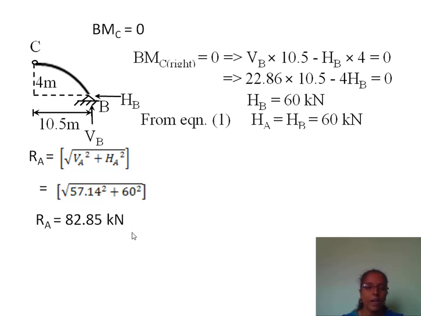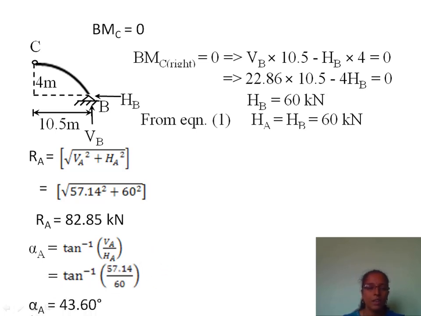The angle made by the reaction RA with respect to horizontal is alpha A, which is equal to tan inverse of VA by HA. Substituting the values and simplifying, we get alpha A as 43.6 degrees.